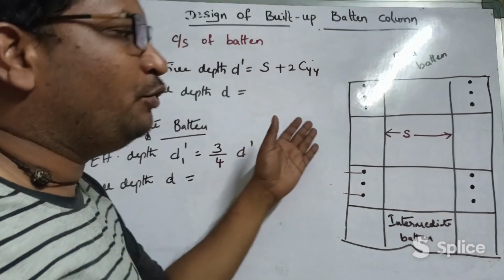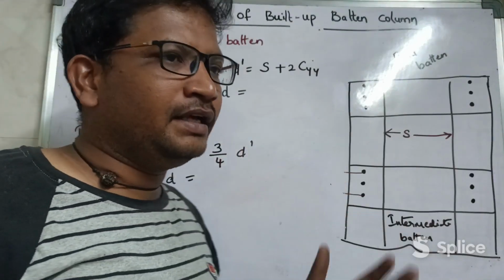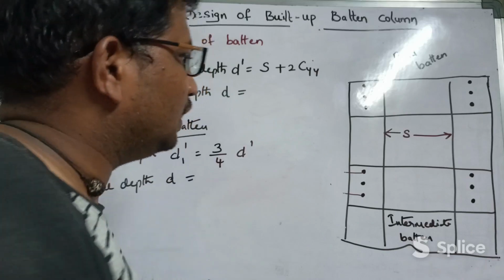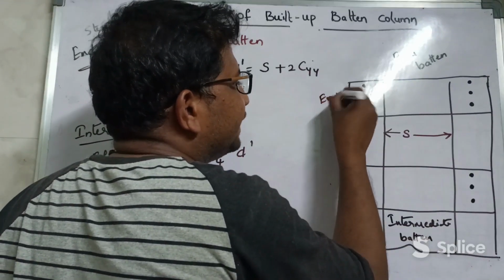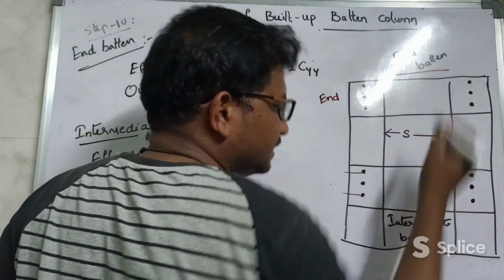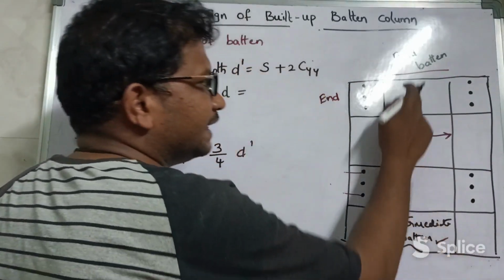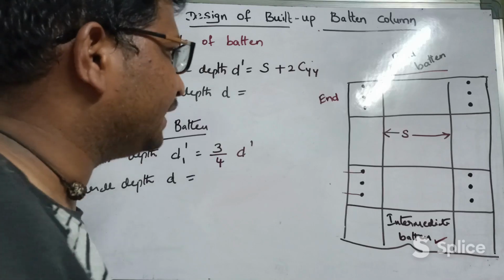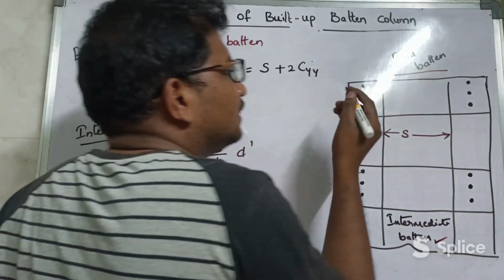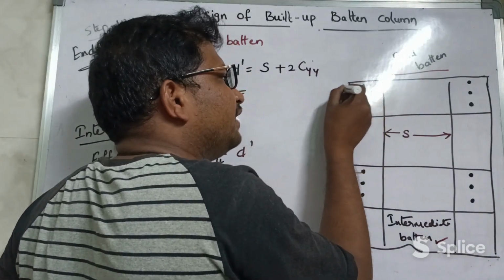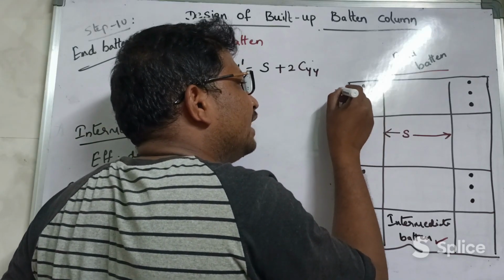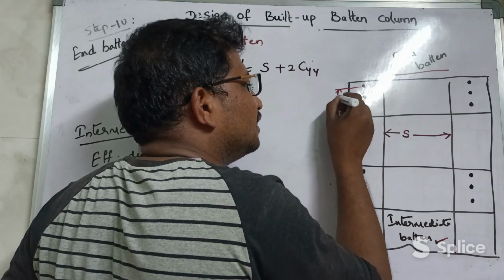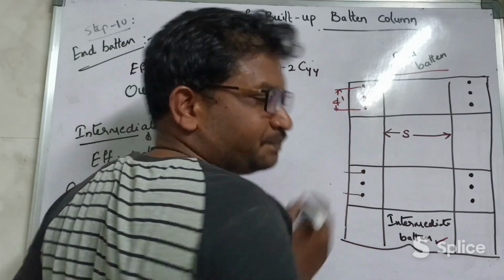See, we are dividing the battens into two classes. This is end batten, this is end batten. This is intermediate batten, this is intermediate batten. See, the distance between rivets, this distance is known as effective depth, D dash.